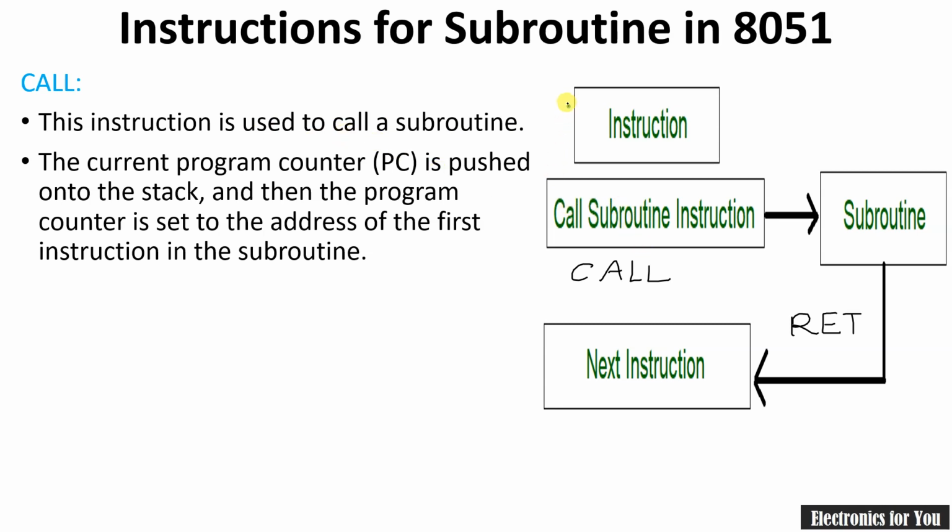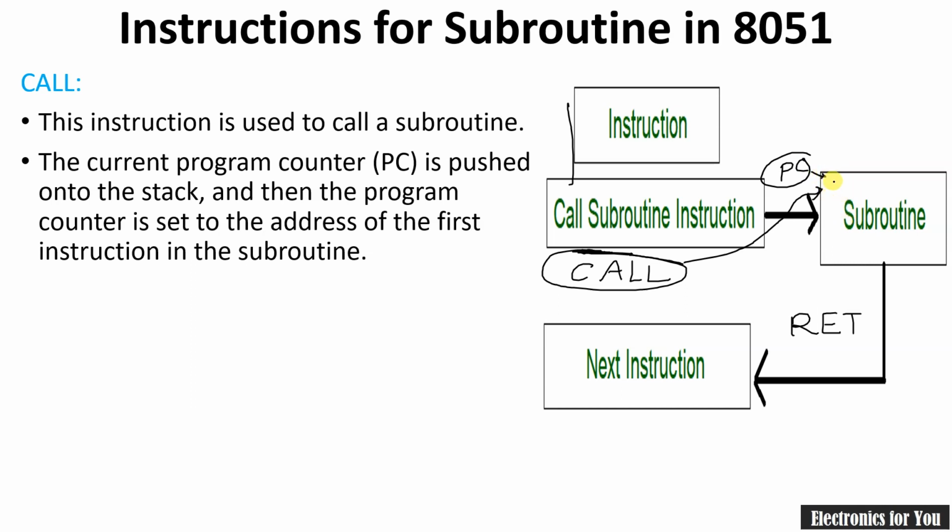Whenever the call instruction comes in the main program, it simply means that the program counter will now move to the subroutine, and once the subroutine is started, the program counter will indicate the first line of the subroutine program.